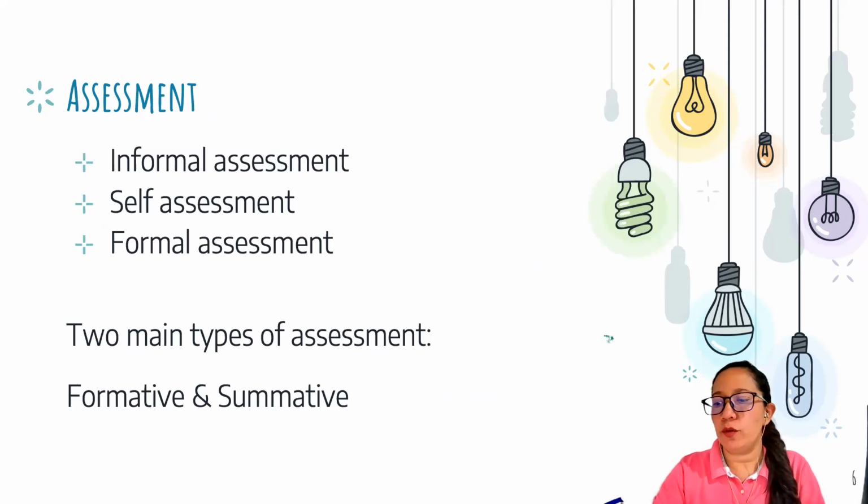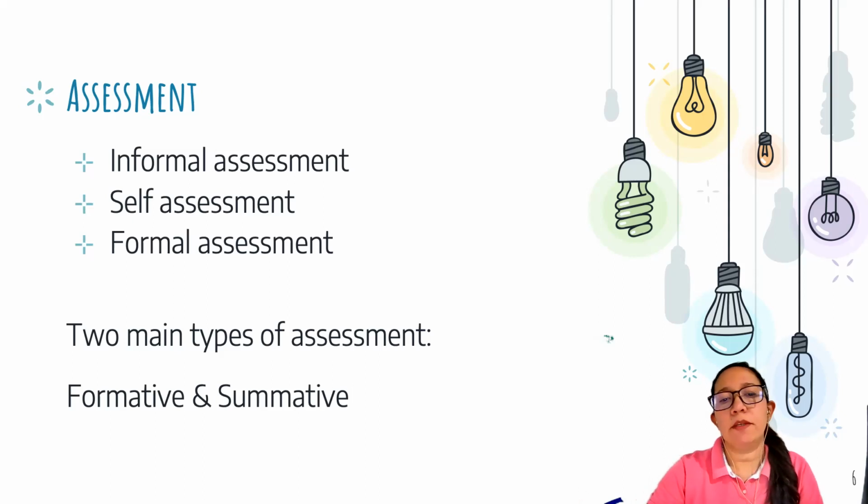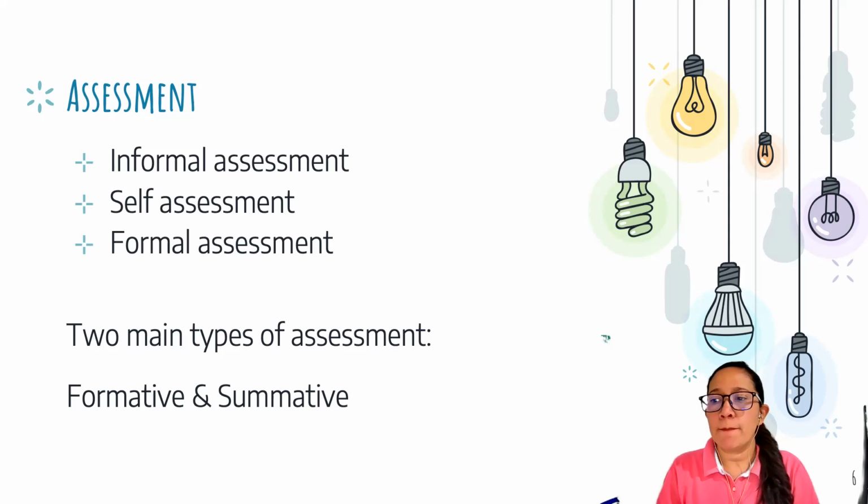Assessment covers a whole range of possibilities like informal assessment, self-assessment, and formal assessment, and two main types of assessment: formative or summative. Informal assessment is a way of collecting information about the students' performance in normal classroom conditions. Self-assessment can provide useful information about the students' expectations and needs, and their strengths and weaknesses in their work.